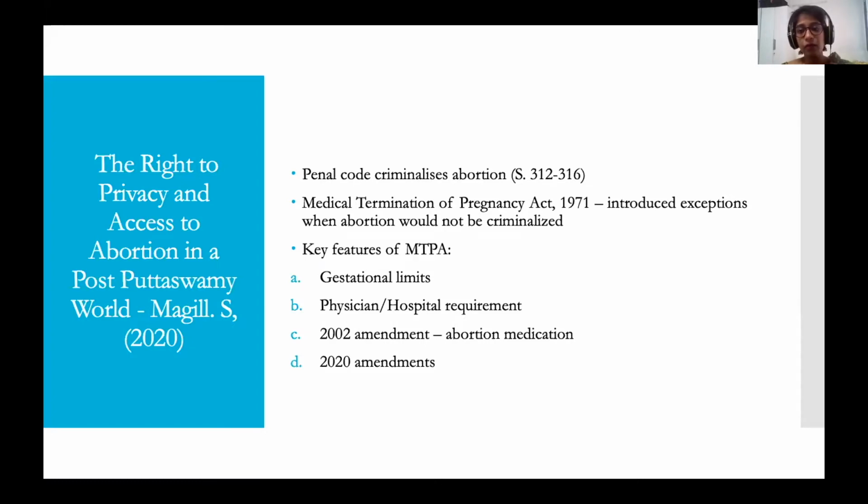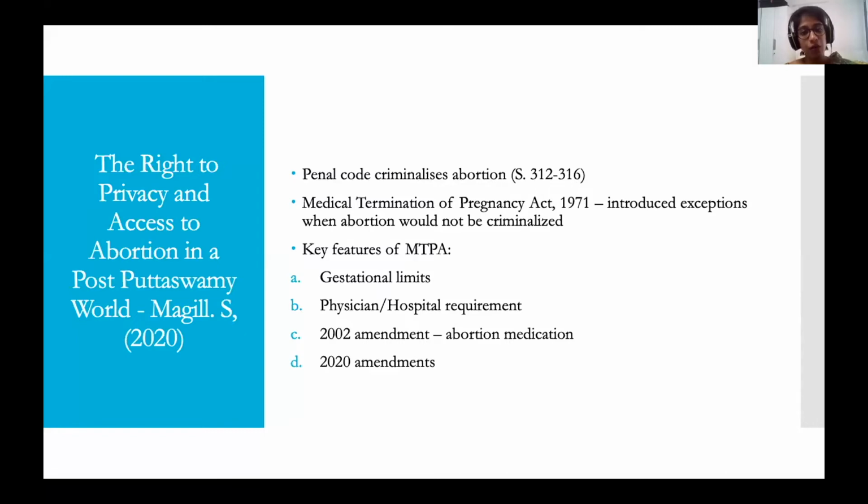Another circumstance the judiciary has looked at when they consider the mental or physical health of the mother is the actual and reasonably foreseeable environment. That is, to look at the socio-economic conditions of the mother when determining whether the pregnancy should be terminated or not. And there is no limit on gestational period if there is an immediate danger to the life of the mother.